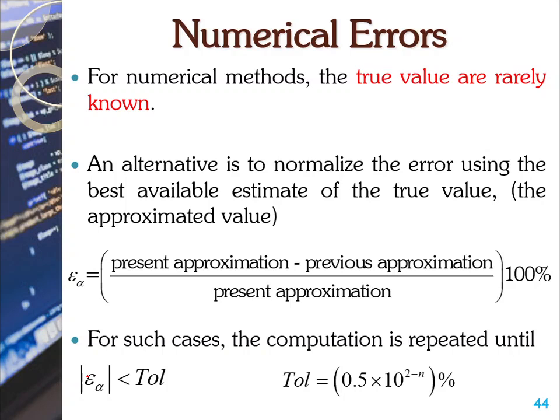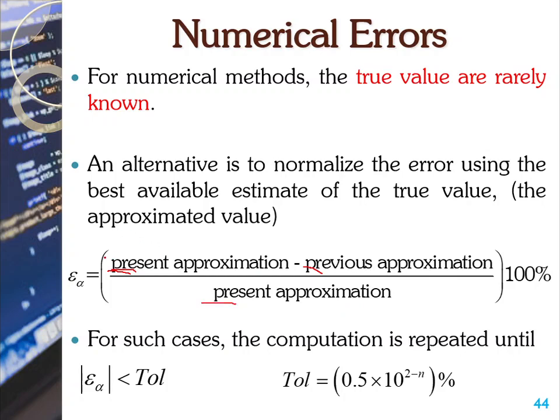is really not known in the industry, the idea here will be to approximate the error based on a normalized form of this error. That is to use the best available estimate of the true value, and that is what we are going to use as the present approximation. So in place of the true value, we are going to use a normalized form, which is the present approximation. So with all of our errors in here, we are going to use the present approximation minus a previous approximation all over the present approximation.